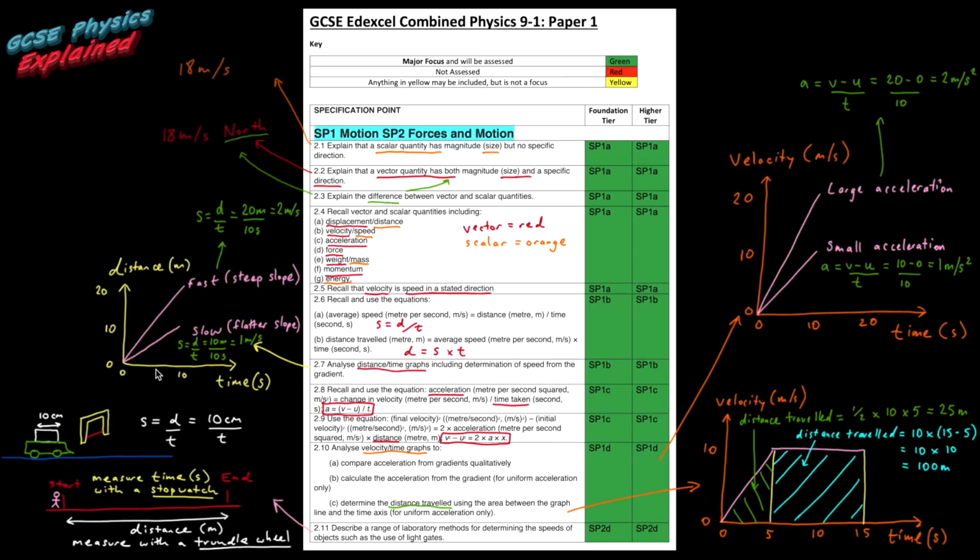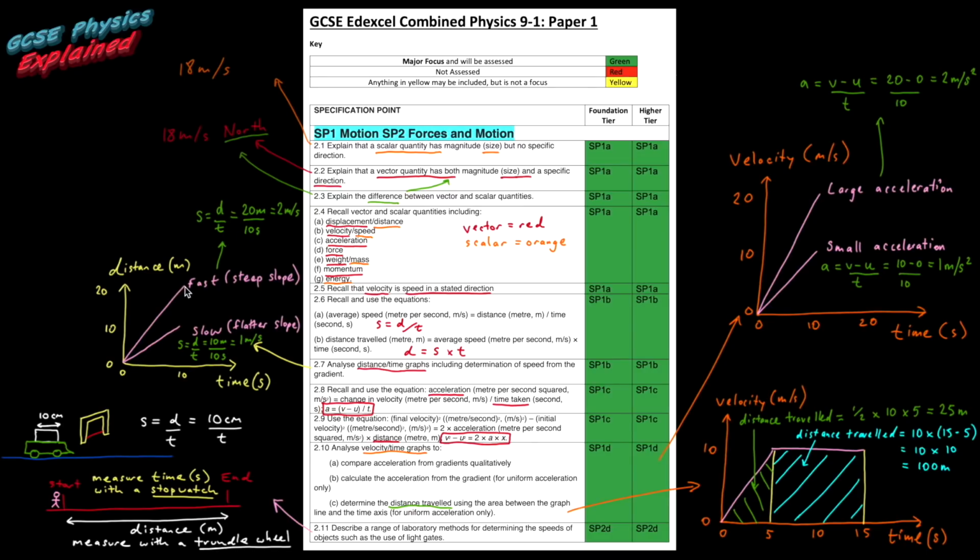So on a distance-time graph, distance goes up the side, time goes along the bottom. The steeper the gradient is, the faster the object is moving, and if it's a flatter slope, it means the object is slower. In order to get the speed from the gradient, remember speed is distance over time.